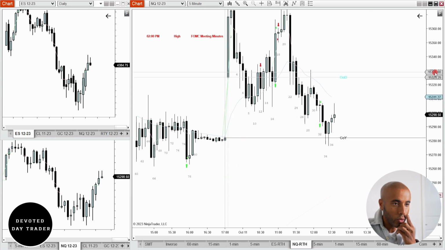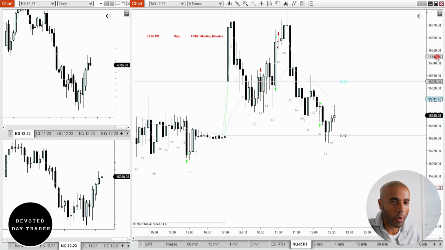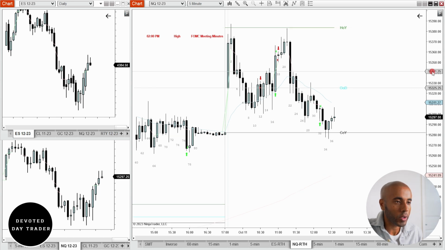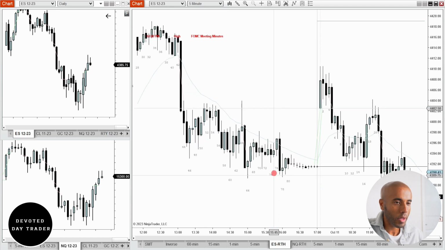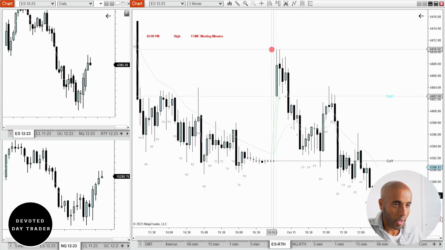Before I go into the 1 minute chart, I want to point out the divergence that I noticed on NQ and ES. NQ put in a higher high in relation to candle 1 and candle 2, where ES put in an exact double top. So there was a divergence.